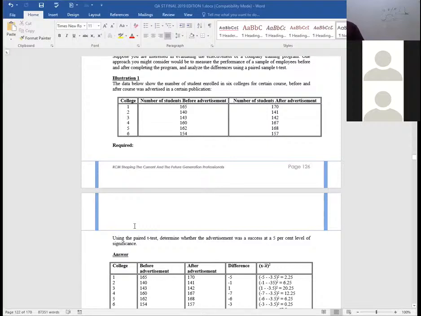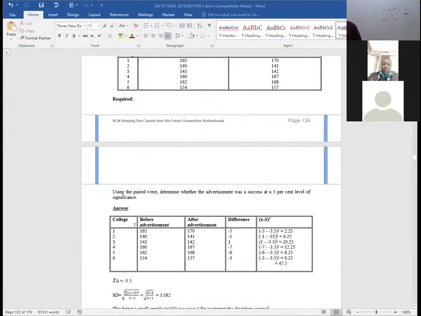The first thing that you need to do in any paired t-test: we have these pairs, the students in these colleges before, and the other pair after advertisement. You subtract the two, so that we see whether there is any difference or not. So you take in this case 165 minus 170. Please give me these differences.